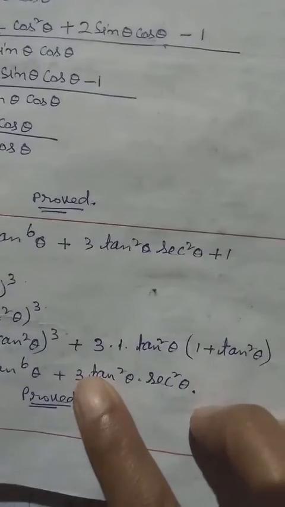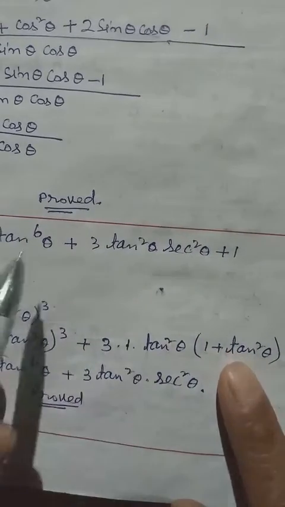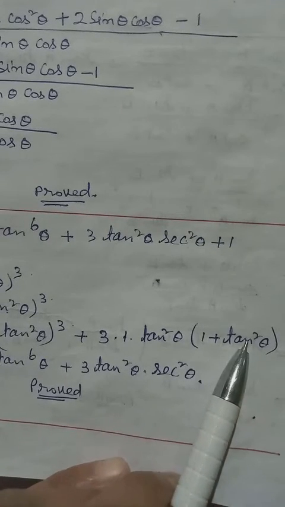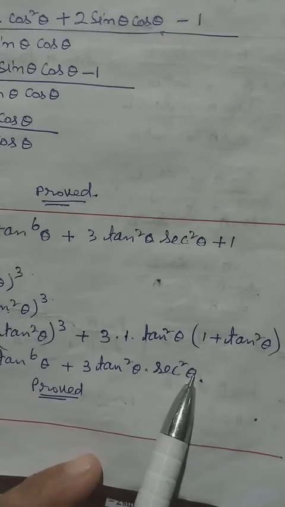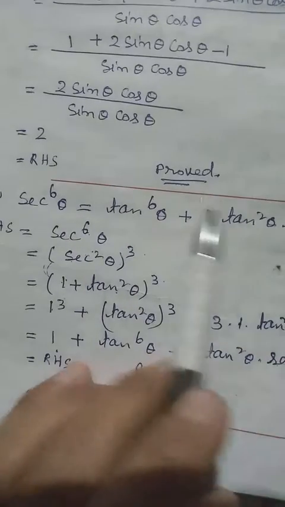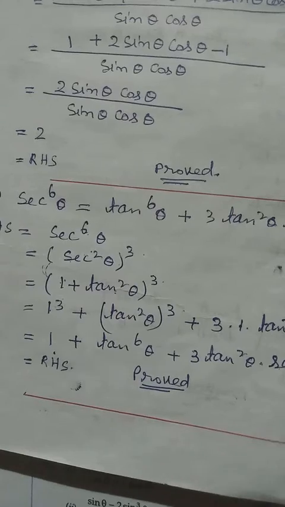Then plus 3 tan. Here we have 1 + tan, but here we have secθ. So 3 into tan, (1 + tan²θ). From the identity, we know it is equal to sec²θ. So if we compare what we get, the right-hand side is the same. So it is proved.